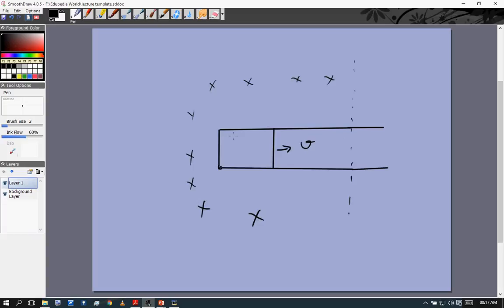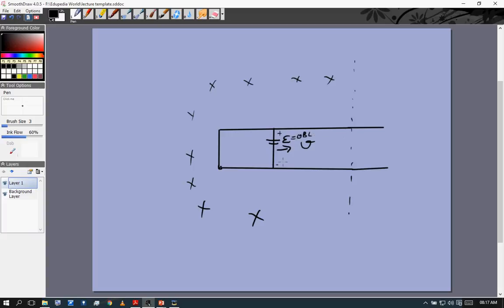So now this long wire, this long wire, and this wire, all three of them are stationary, so they will not have any motional EMF developed. But this wire will have a motional EMF developed, and the way I generally see it is simply V cross B is the direction of the movement of charge. So V in this direction, V cross B is upwards, so positive charges will be here, negative charges will be here. That means now this loop will be equivalent to a loop which has a battery over here of EMF E is equal to VBL, right?